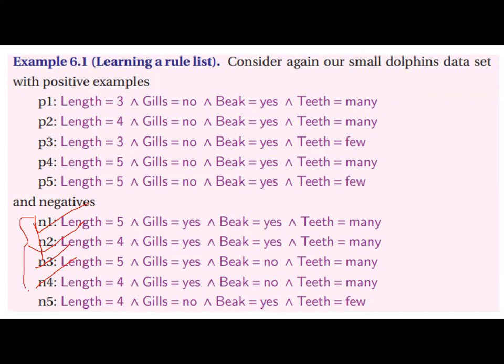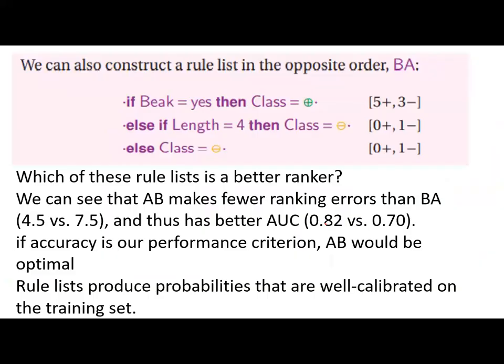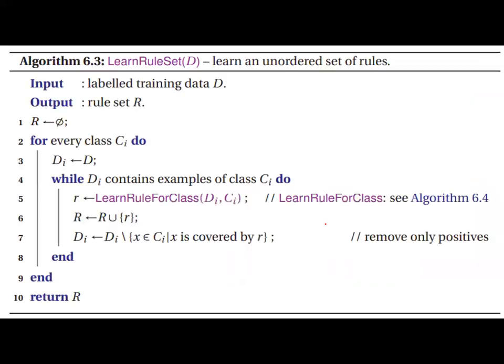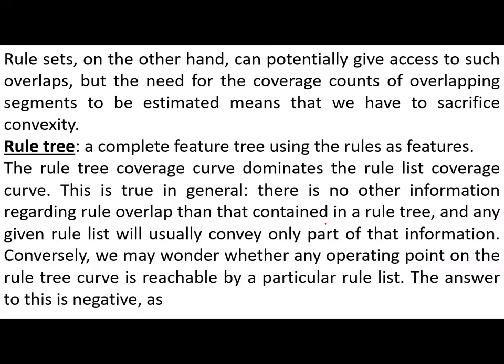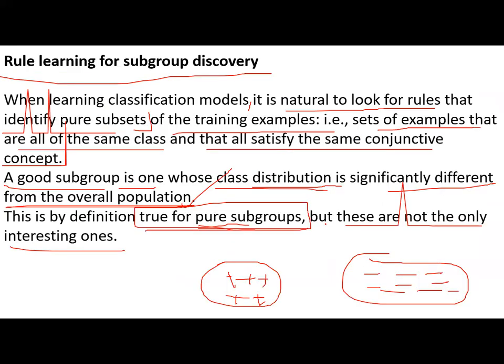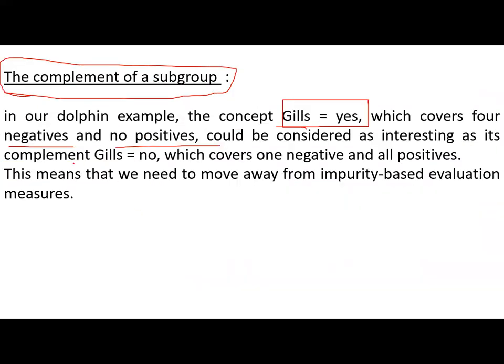We covered only 4 negatives, so we can write this as 0+, 4-. This concept, which covers 4 negatives and no positives, could be considered interesting.